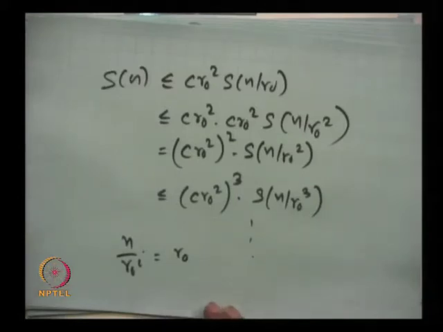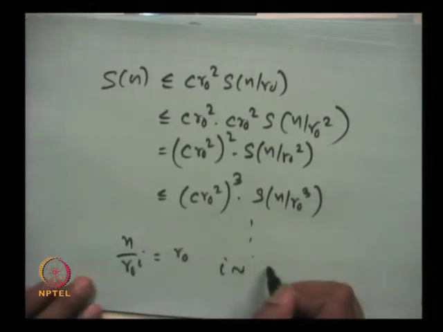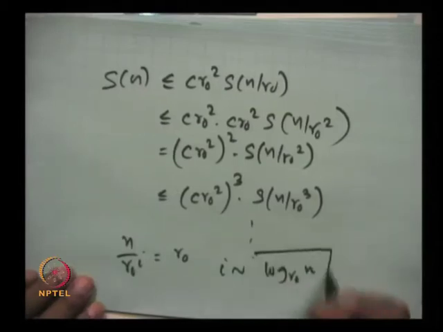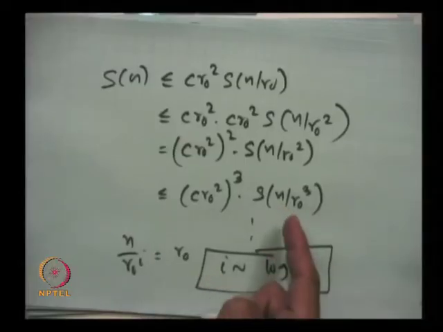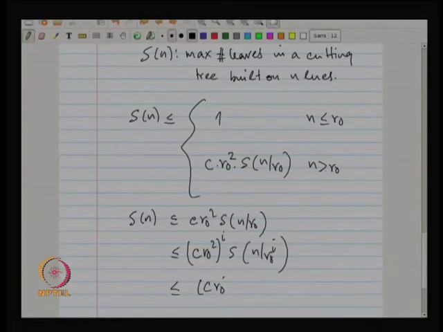So, let us say I becomes roughly log to base R0 of n. Now, when you reach here, you get S of R0, which is basically 1, am I right? So, the size is C R0 square to the power log base R0 of n.